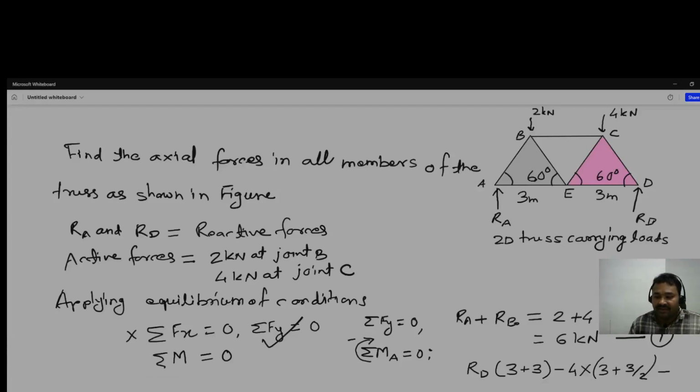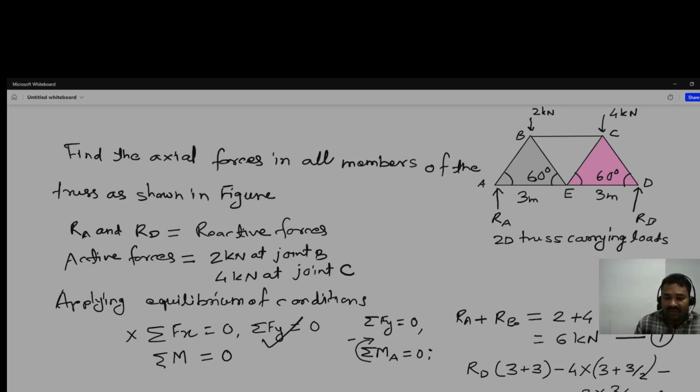So this will be minus, then we have to consider this 2 kilonewton force, and it will try to rotate clockwise, that's why with minus sign, and this is the force multiplied by the distance, from here to here, it is 3 by 2, is equal to 0.